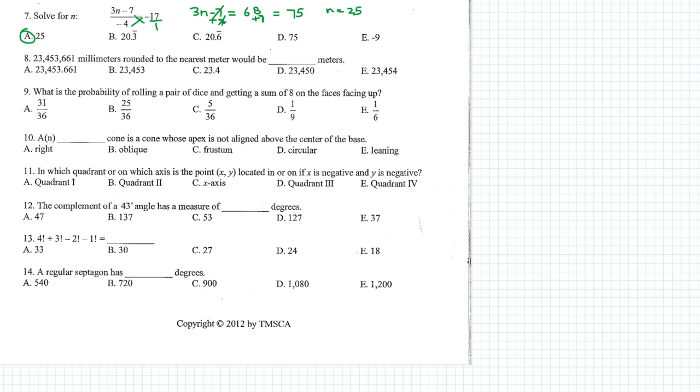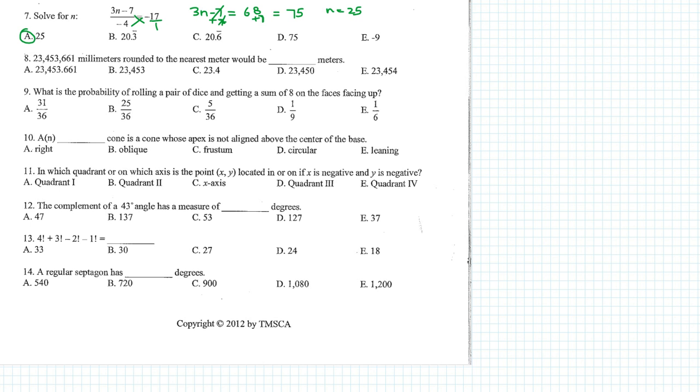Question 8. 23,453,661 millimeters rounded to the nearest meter would be how many meters? To convert millimeters to meters, we divide the number by 1000.